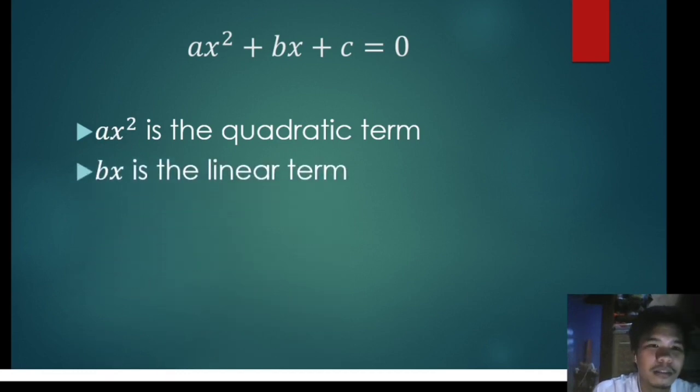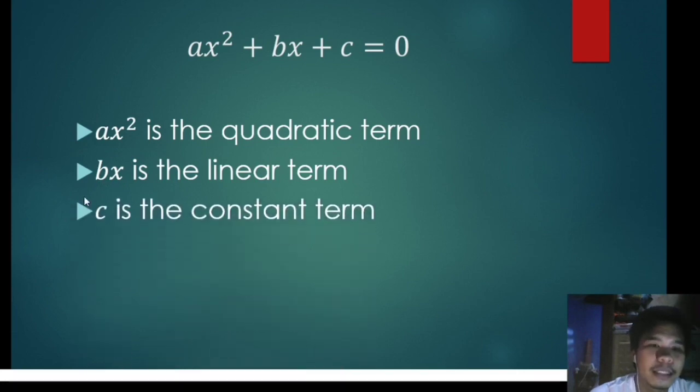The second one is bx. In bx, b is the numerical coefficient while x is the variable, and bx is our linear term. The third term is the c or the constant term.